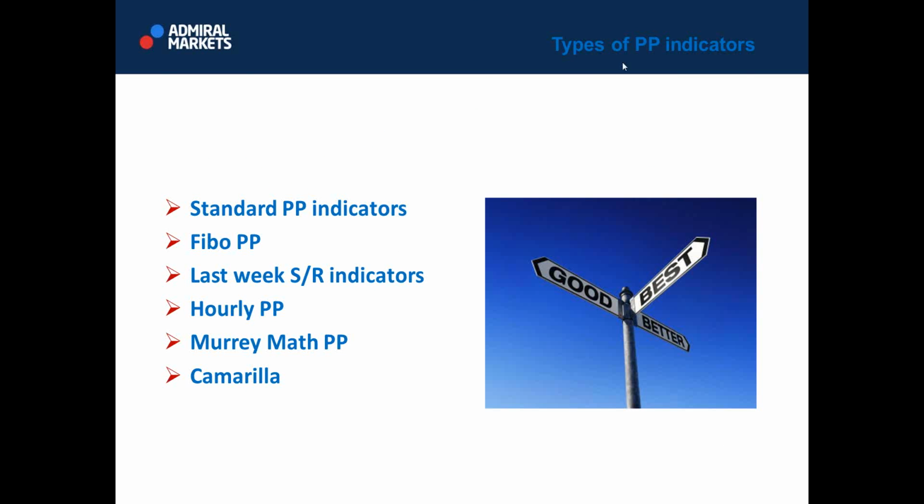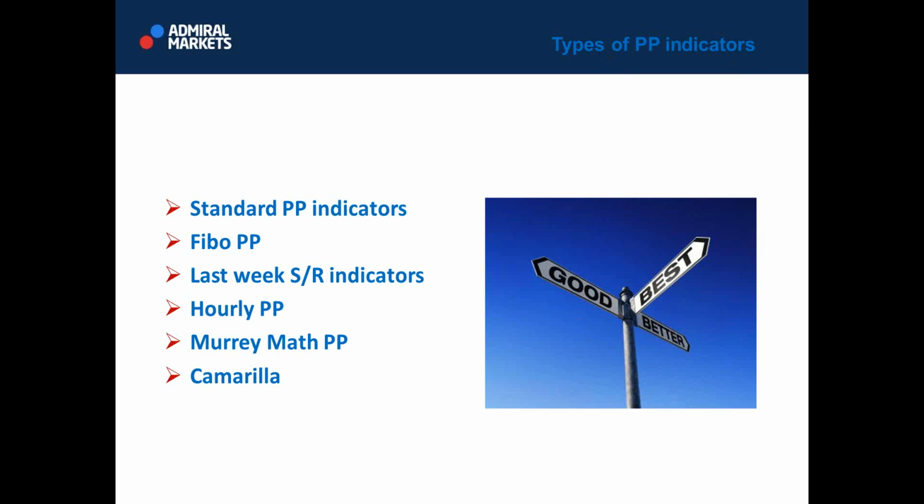Out of many pivot point indicators, for me Camarilla is the best. Not just because I use it personally, but it offers me great chances to enter the market differently.